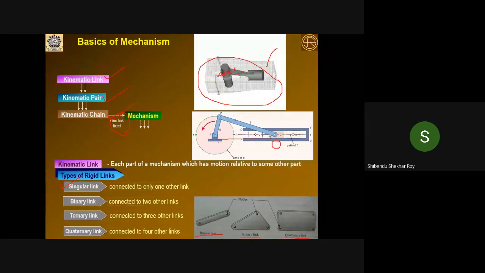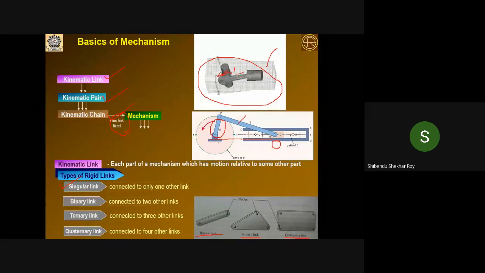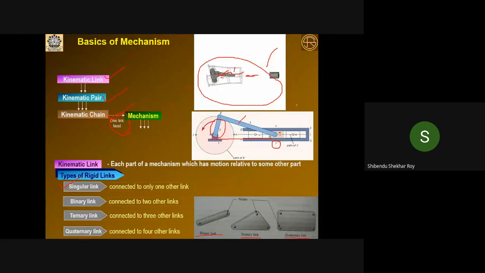Link number 3 is the connecting rod. And this one is the slider, link number 4. So the total number of links is 4: 1 is the fixed link, 2 is the rotary link, 3 is a movable link, and 4 is also a movable link.